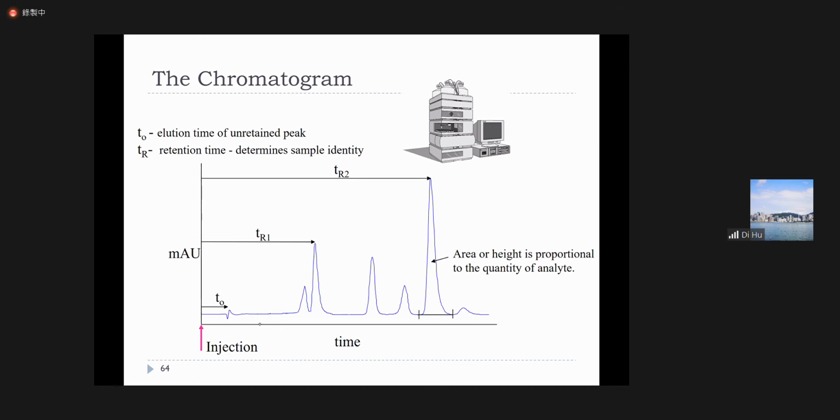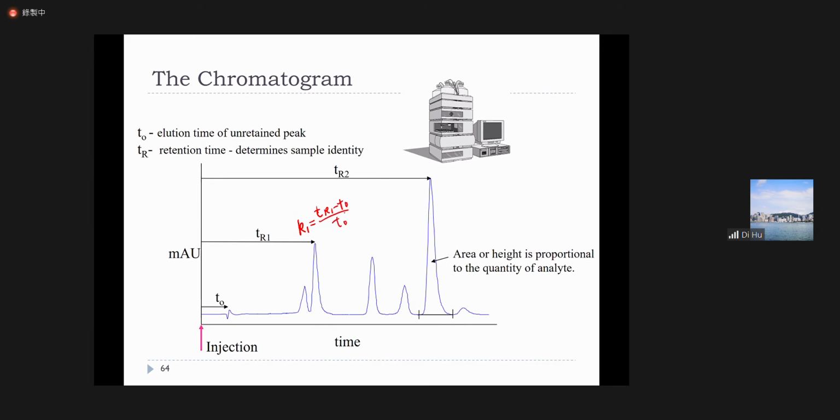And then if we're talking about the retention factor, k, okay? So how about k1? k1 equals what? You still remember that? tR minus t0 divided by t0, right? So that is tR1 minus t0 divided by t0.